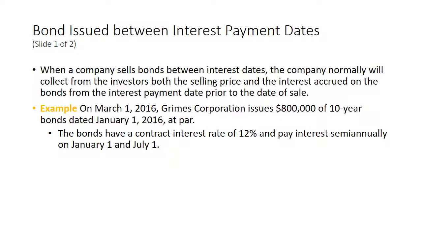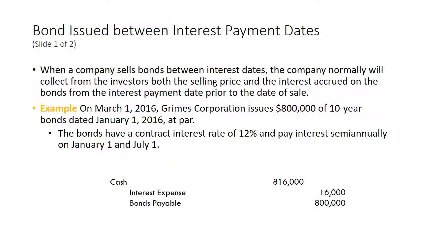So how much do they sell these bonds at? Well, they determine the amount of interest that is accrued on these bonds from January and February because really they shouldn't pay that. They shouldn't pay those 2 months worth of interest. So take $800,000 face value, not selling price, face value, times the contract interest rate, 12%, times 1/2.